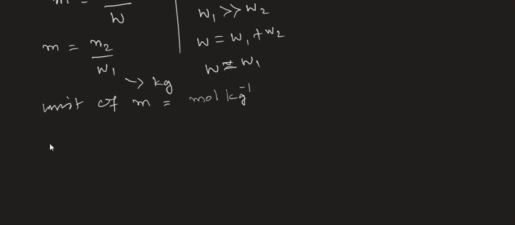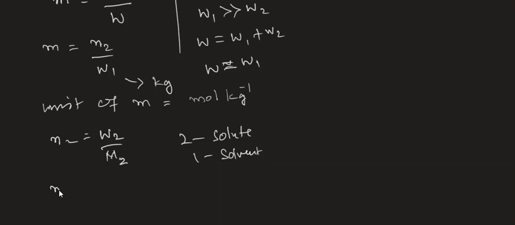We already know n2 is equal to W2 by M2, where 2 represents the solute and 1 represents the solvent. That is the convention we adopt here. Therefore, instead of n2, I can put m is equal to W2 by M2 into 1 by W1.